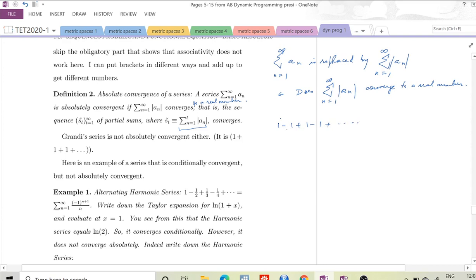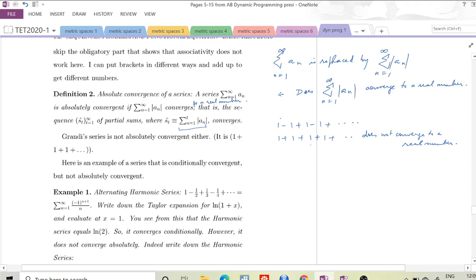So I replace all the terms with their absolute values and I will get this. Yeah, it does not converge to a real number, right? It diverges or converges to infinity.